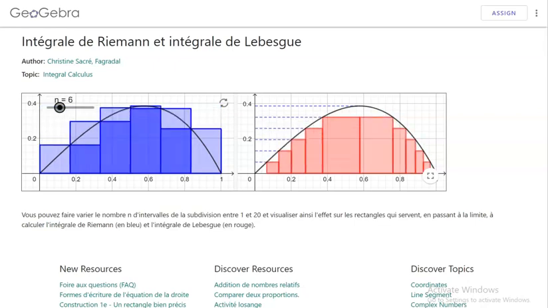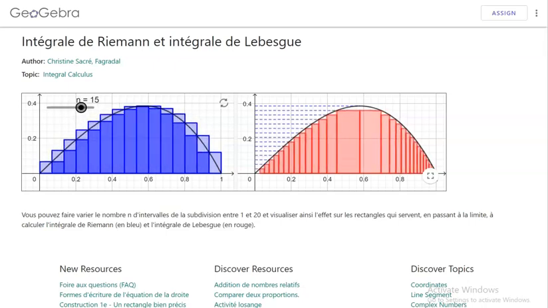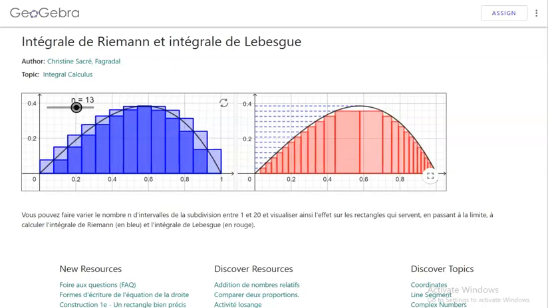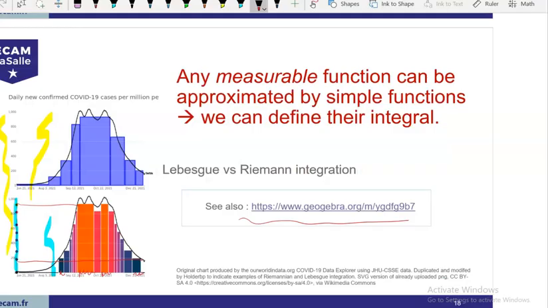Here we increase the number of discretizations. We've got discretization of the interval, and on the right, we've got discretization of the values that the function is taking. Of course, it gives you the same result, but these are the different ideas behind those integrals.